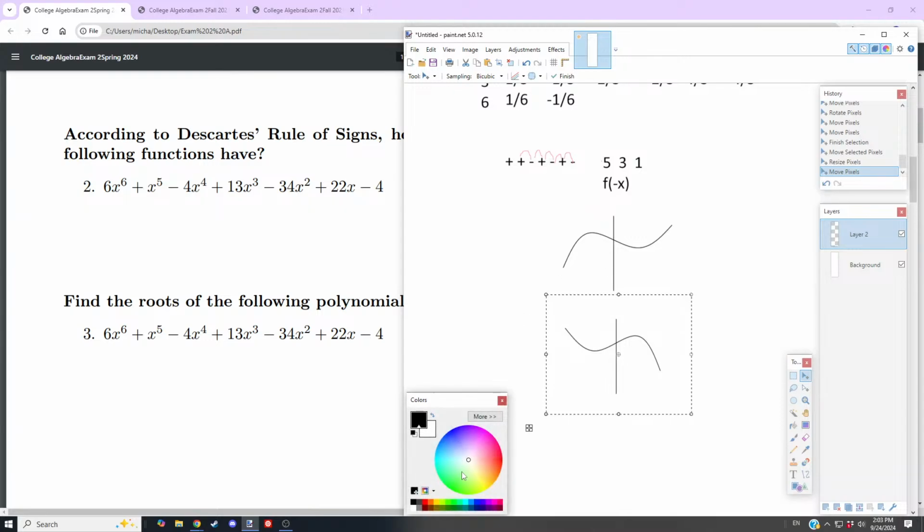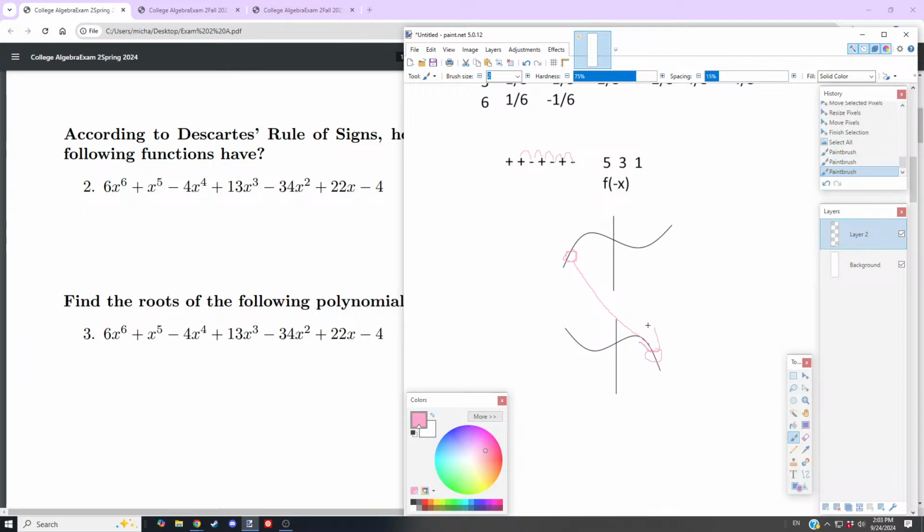So all of the roots that would have been negative, say this was a root here, maybe. This were a root here. Then after the reflection, it would be a root here. It was a negative root, but after the flip, it becomes a positive root.